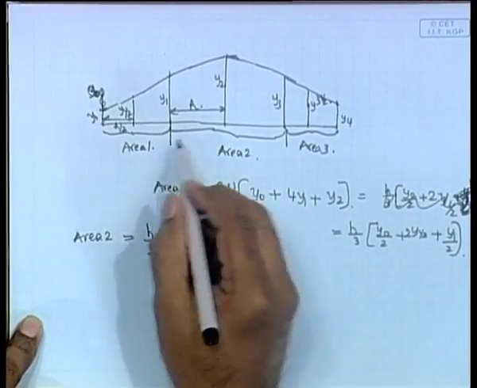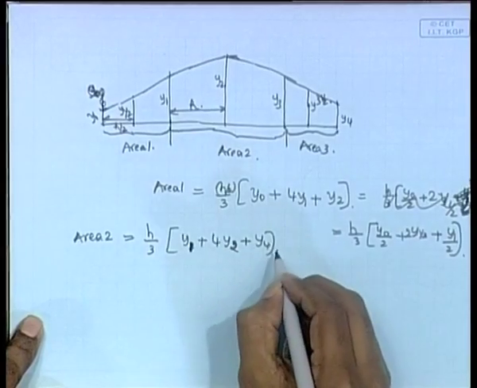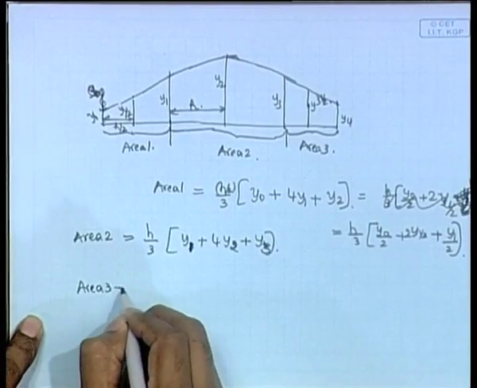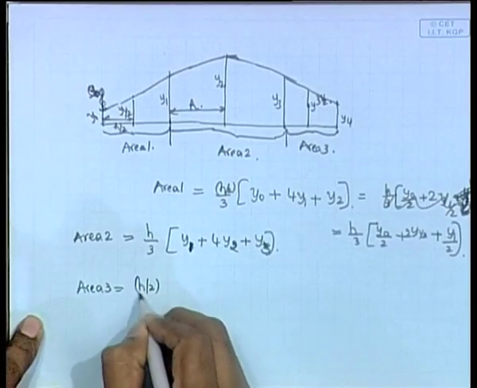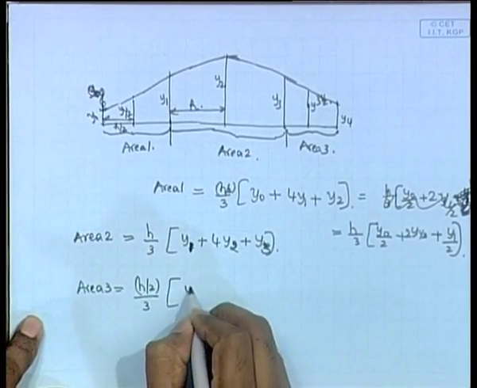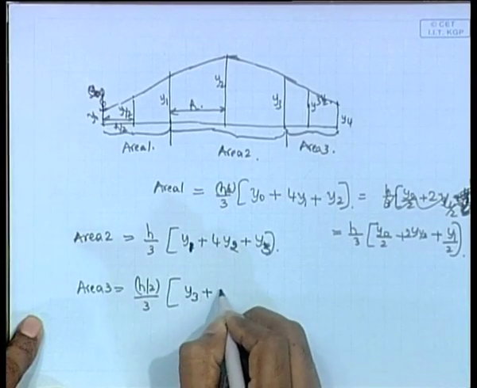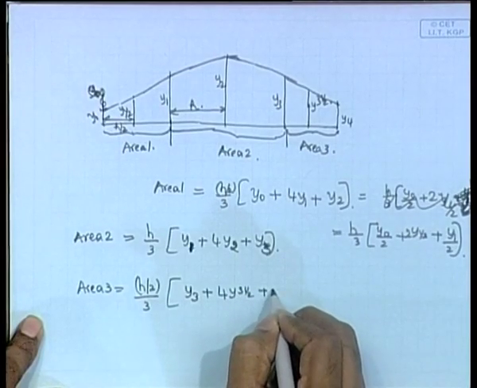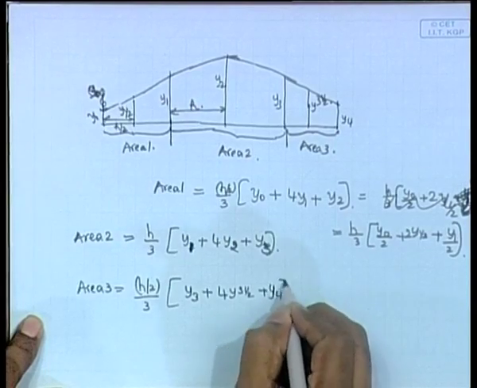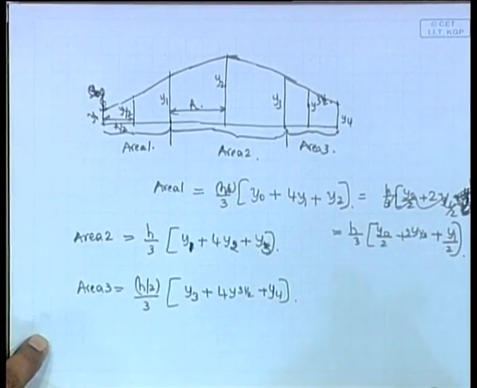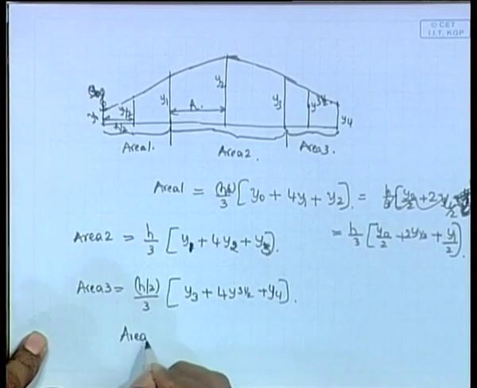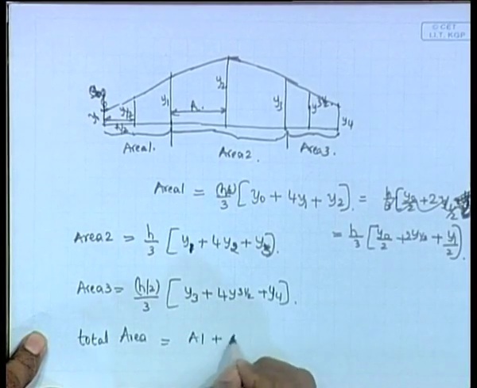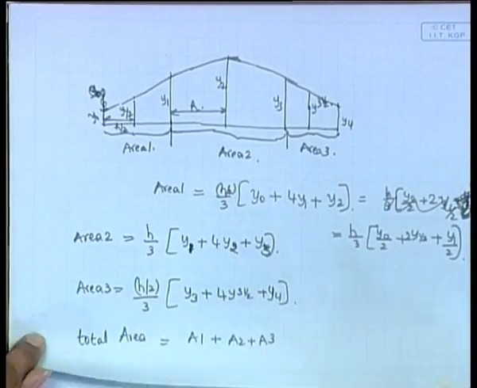Then the area of the third section is h by 2 by 3 into y 3 plus 4 y 3 and a half plus y 4. Now, what you want is the total area, which is area 1 plus area 2 plus area 3, sum them up.